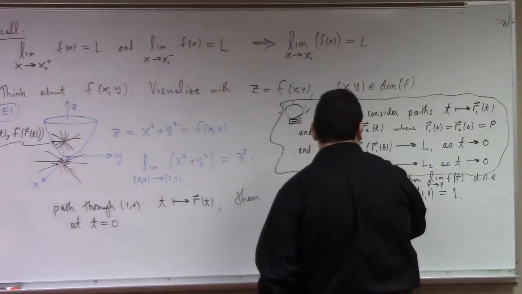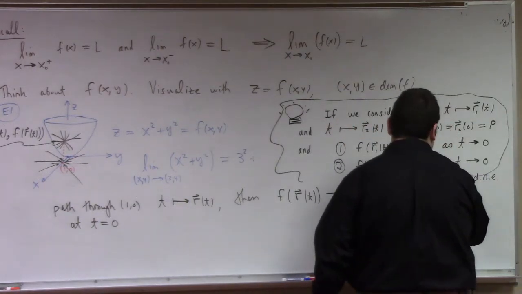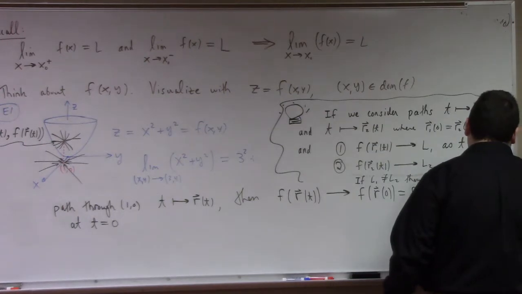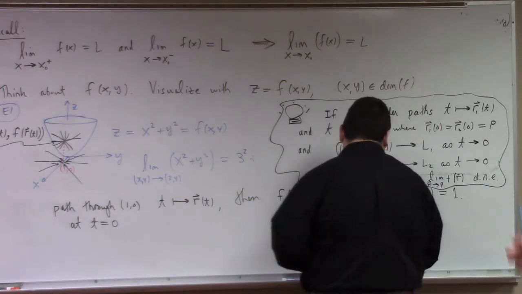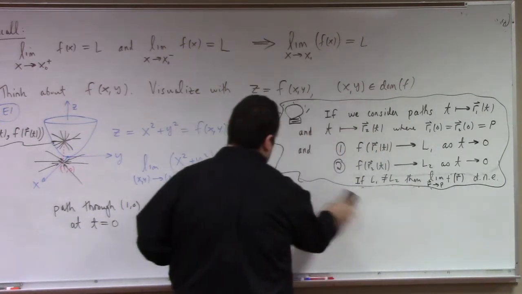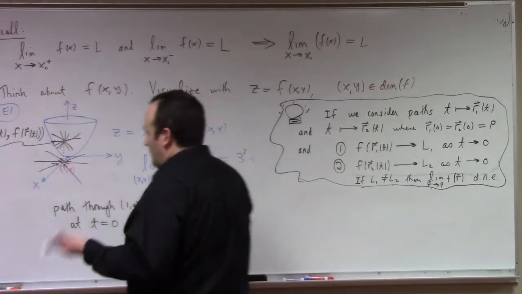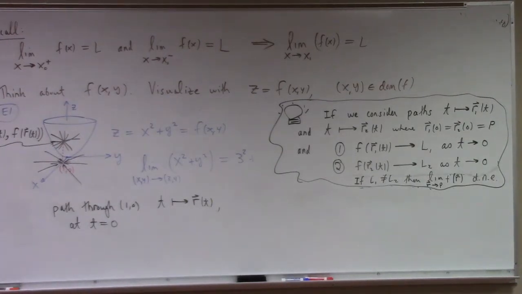So this is the so-called two-path no-go theorem. If two paths disagree, you're out of luck. This is the failure, like when left and right limits don't match, if we can find two different path limits.